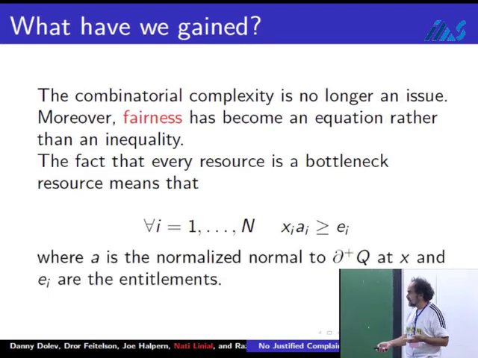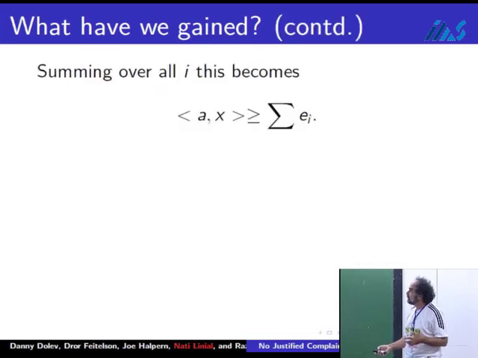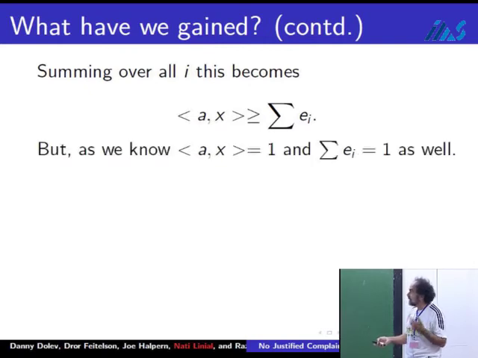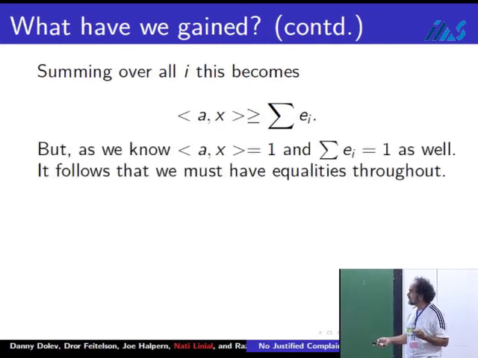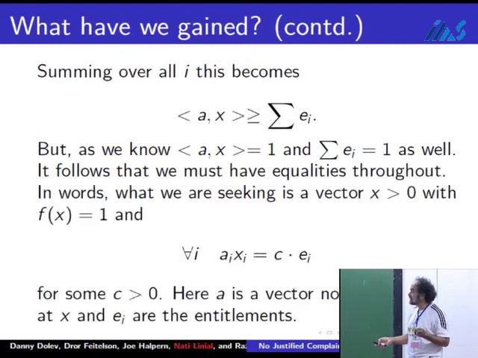Where this vector a is a normal to the upper boundary of Q. Here again the entitlement. So this means that we have to satisfy this inequality, but I know that this is 1, and I know that this is 1. This means that in the system of inequalities, all of them must hold with equality.